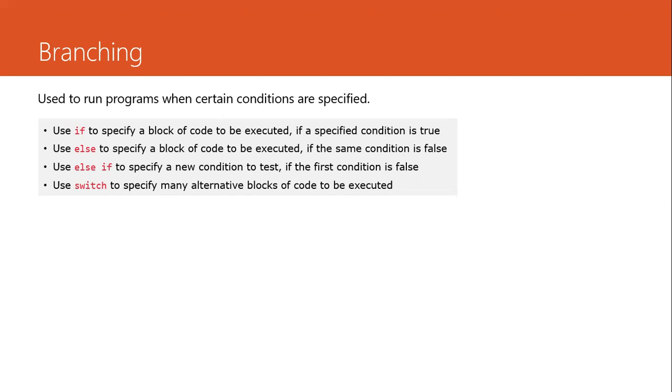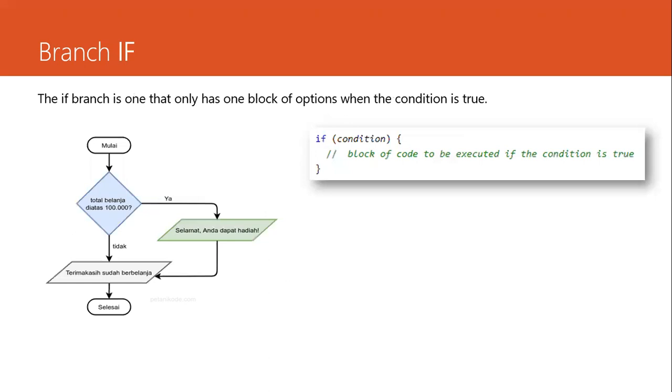But if we have 10 or 7, it will be a little difficult with else if like that, so if we have many values we can use switch. Switch is for many alternative blocks of code to be executed.